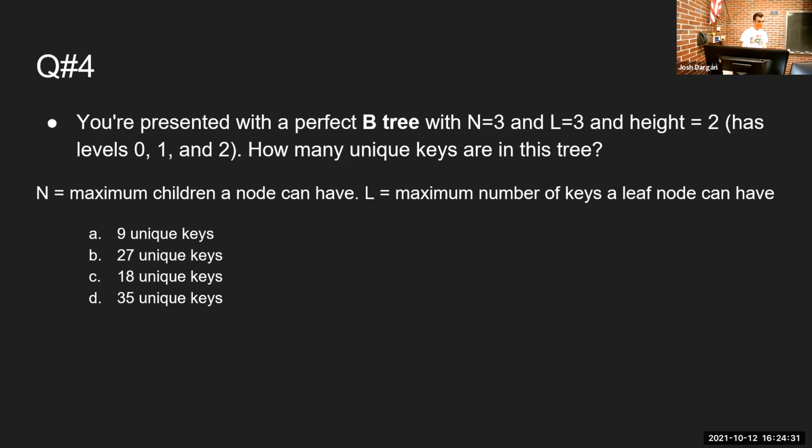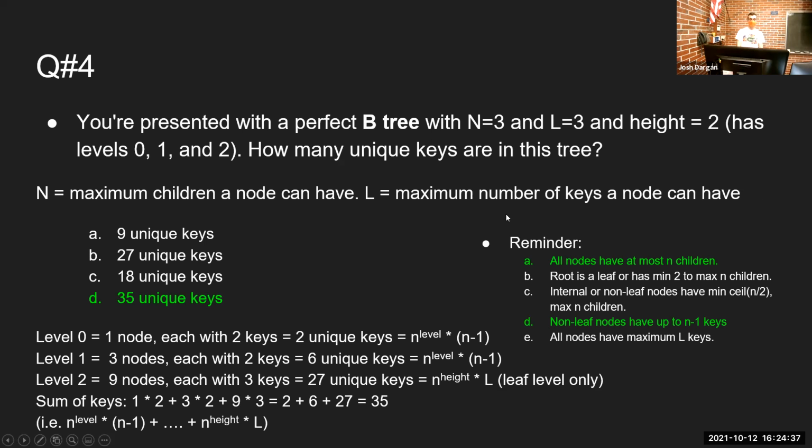So I'm gonna go on, since we've already seen this question previously. It is 35 unique keys, and you can see that the root, level 0, has one node with 2 keys, and so those are 2 unique keys. And you can see that n, so 3 to the power of the level, which is 0 in this case, multiplied by n-1 is what we can use to derive the number of unique keys in a B tree for non-leaf nodes.